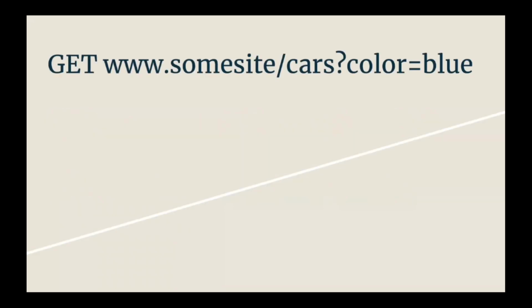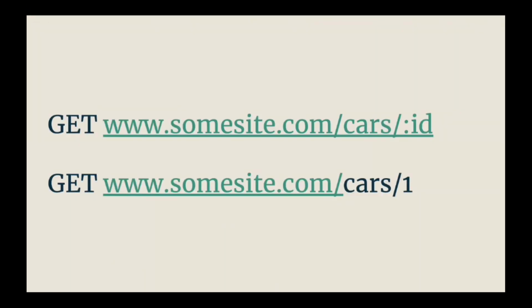And so right here we have another example. This is making a GET request to www.somesite/cars, but we can see it's a little bit different from these other ones. Here we had a URL parameter, which was a colon and then a variable name.